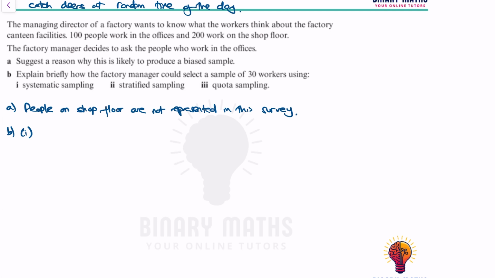B1. Explain briefly how the factory manager could select a sample of 30 workers using systematic sampling. So make a list of 300 workers. Because sample size is 30, 300 divided by 30 is equal to 10.